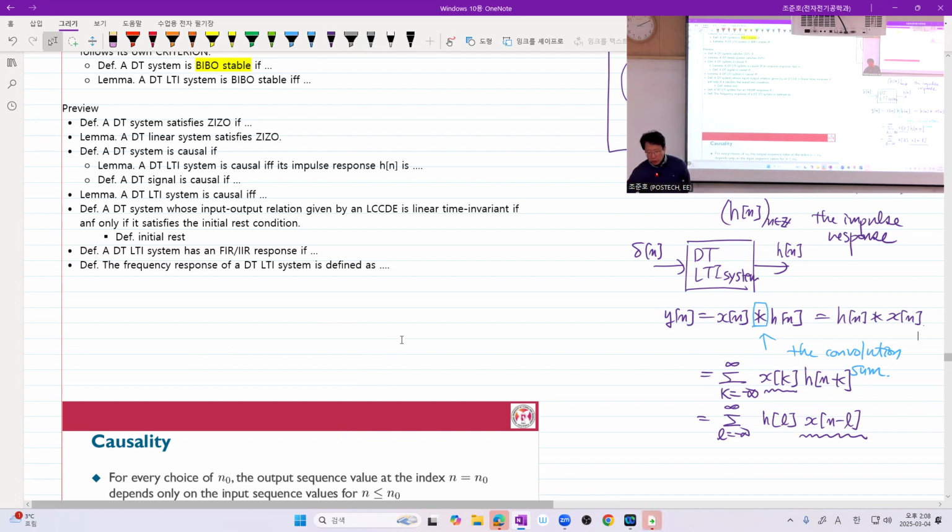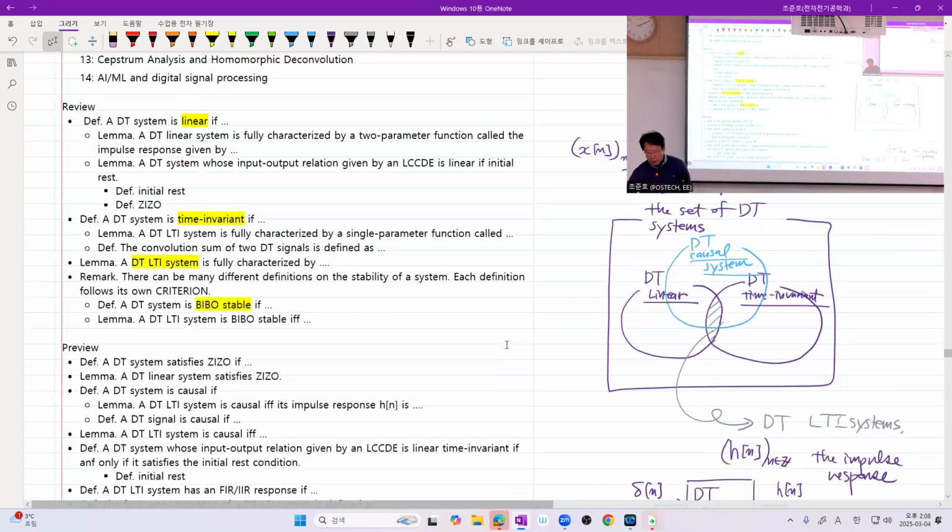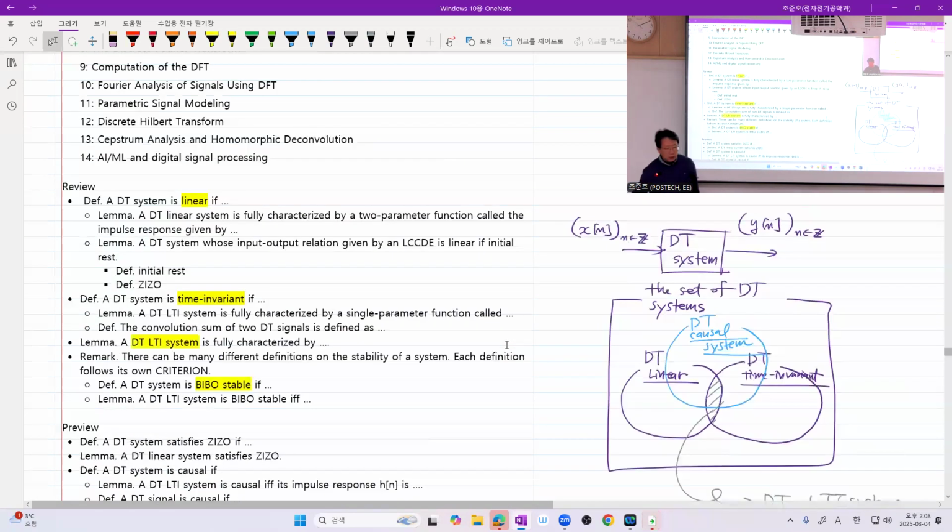Anyway, impulse response is very, very important. There could be many different ways to implement the mathematically same system, but different implementations always result in the same impulse response if the two systems are identical DT LTI systems.